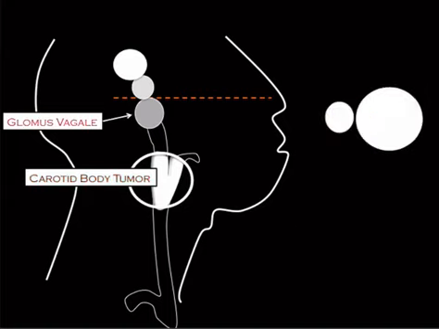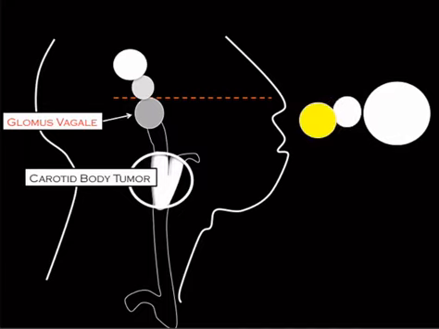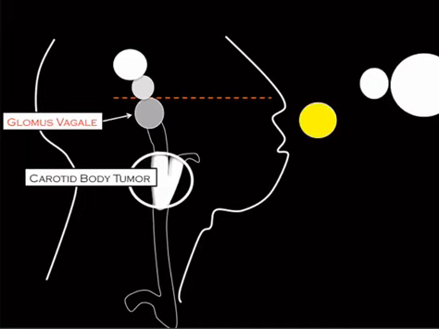So the next one is the one that you probably haven't seen, and it's barely seen, because it's so rare. It occurs lateral, and the displacement is anterior and medial.